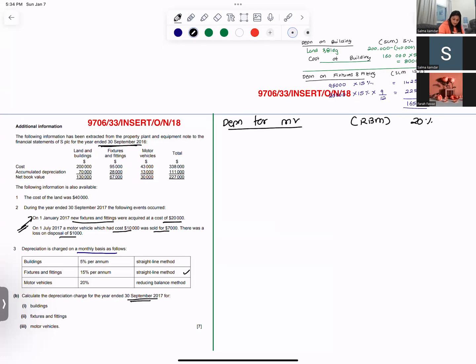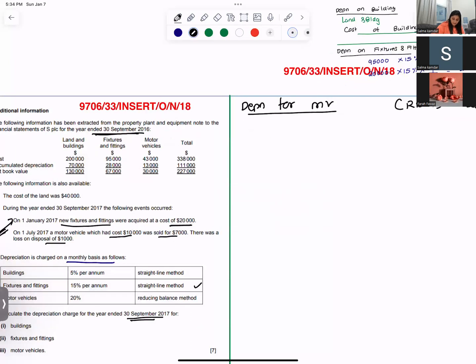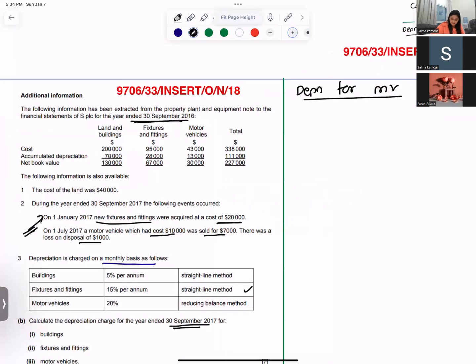So you had a motor vehicle which was disposed of, right? What was the cost of that motor vehicle that was disposed? It is 10,000. When was it disposed of? 1st July 2017.